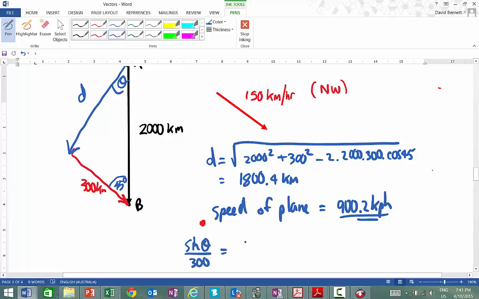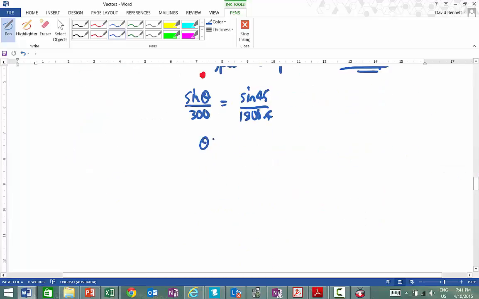The angle I do know is 45, so sine of 45, corresponding side is 1,800.4. So therefore theta is equal to the inverse sine. The 300 goes to the top line, sine of 45, all over 1,800.4.